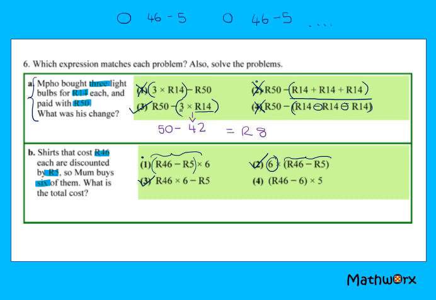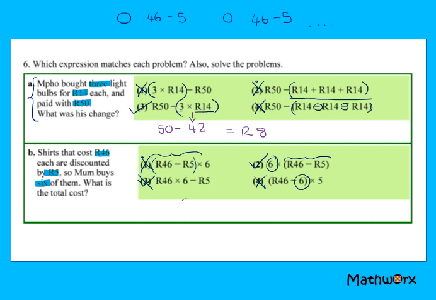And if we look at number 4, we have 46 Rand minus 6. Now remember, we're buying a certain amount of t-shirts. We're buying 6 t-shirts. So we need to times our overall price by 6, not by 5. So that's why that's supposed to be a cross. That's why that's not right. And therefore, 2 is our correct sum.